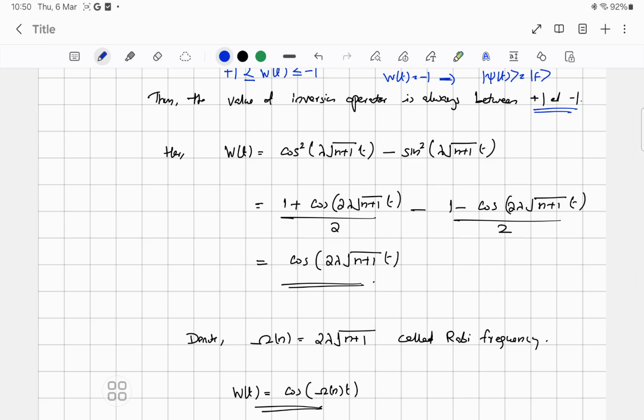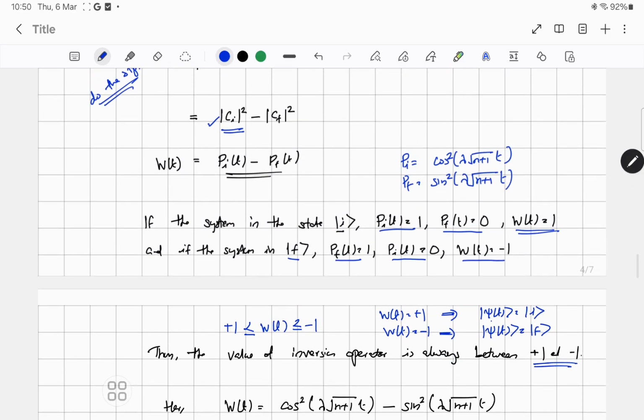It changes harmonically with the frequency 2 lambda root n plus 1. This frequency is called the Rabi frequency, and hereafter we are going to denote it by the symbol capital omega. So capital omega of n equals 2 lambda root n plus 1.